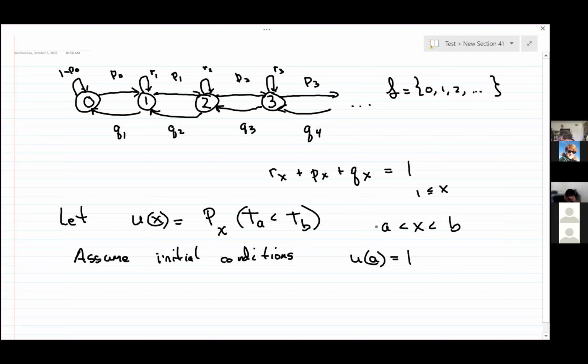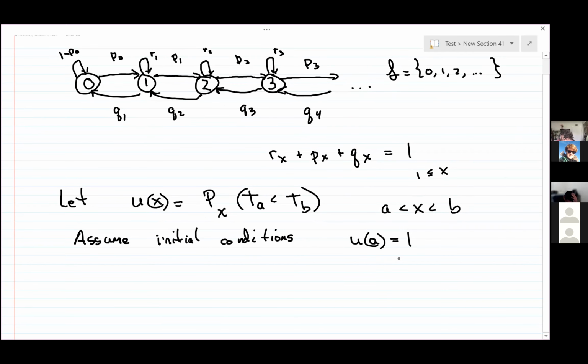In other words, you want to either first hit this state or this one. If you start at this one, then you've already hit it. And so the probability that this time is less than this time would be sure, because you don't have to go anywhere to hit it. You're already there. So that's sort of an initial condition.